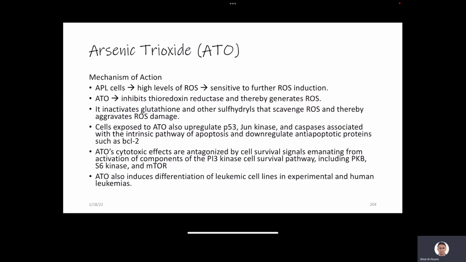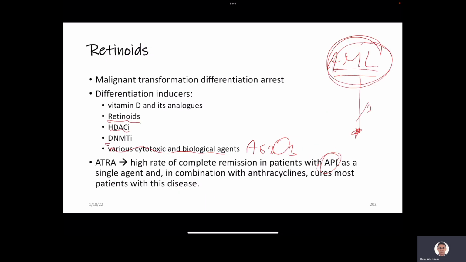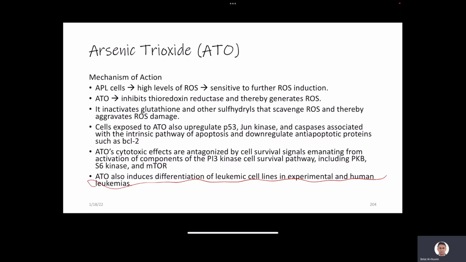Arsenic trioxide is another differentiating agent. One of the mechanisms that have been reported is induction of differentiation of cells, so it could also cause differentiation syndrome. But also, in cancer cells, since proliferation is very high, there is generation of free radicals from the mitochondria, so the free radical scavenging mechanisms are super activated.